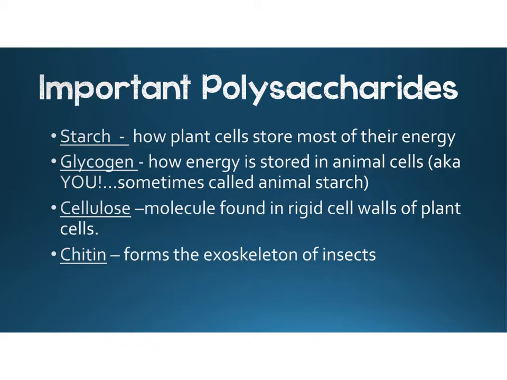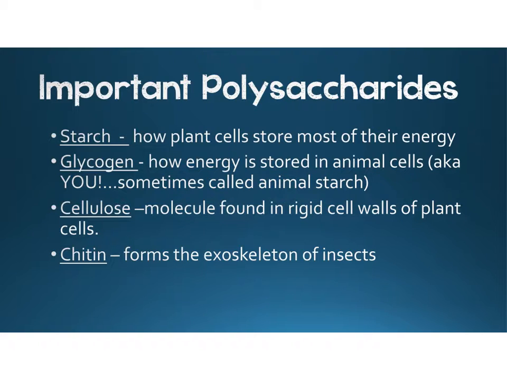There are also a class of carbohydrates that are called structural carbohydrates. The two big examples of those that I'm going to give you, one of which is cellulose. Cellulose is found in the cell wall of a plant cell. So if you remember back to middle school, I know it's a long time ago, but if you remember back, you learned two types of cells, animal cells and plant cells. And we'll re-look at that when we get to the cell unit.